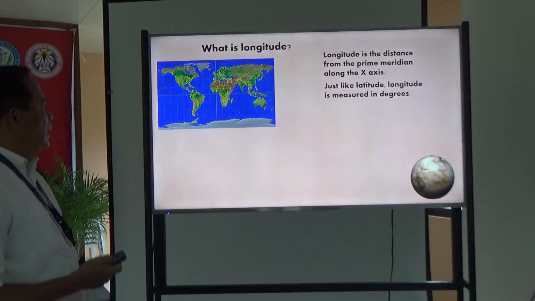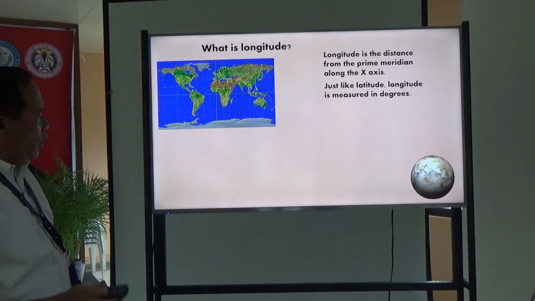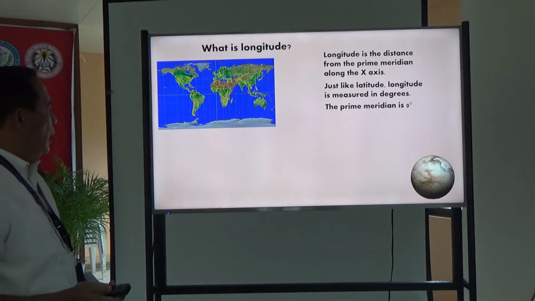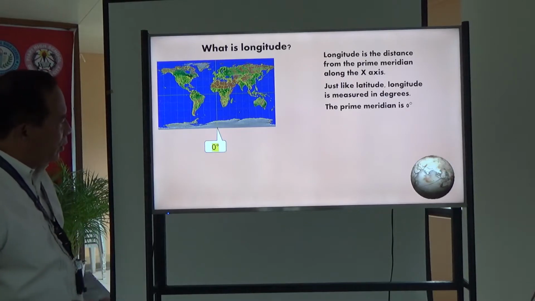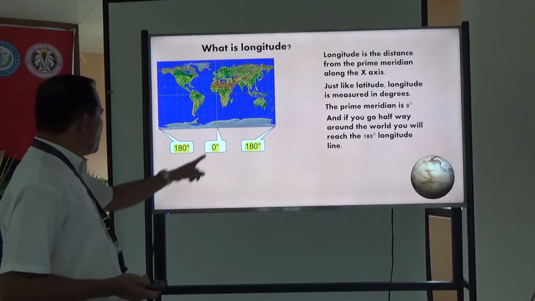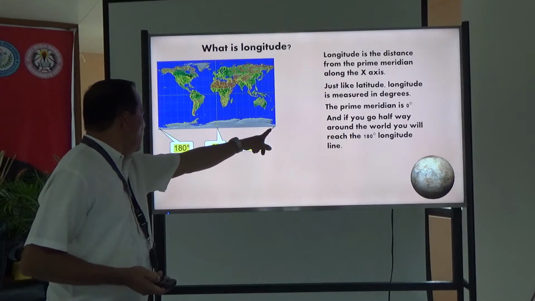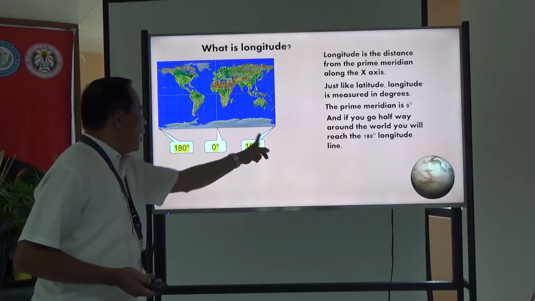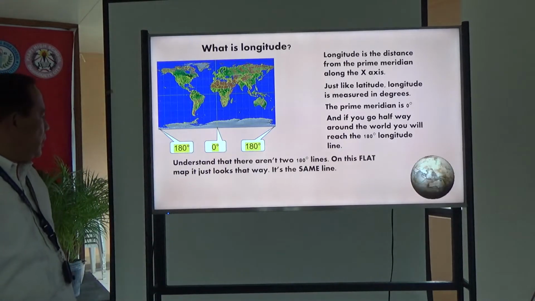Okay. Just like latitude, longitude is also measured in degrees. And the prime meridian is 0 degrees. This one. Alright. From 0 to 90 and 0 to 90, a total of 180 degrees.